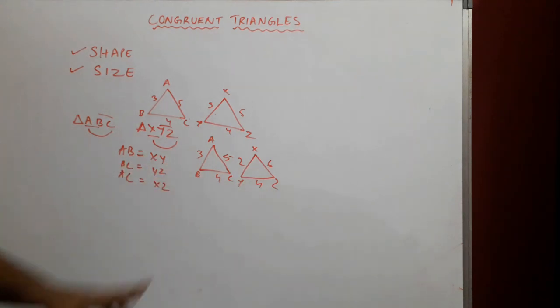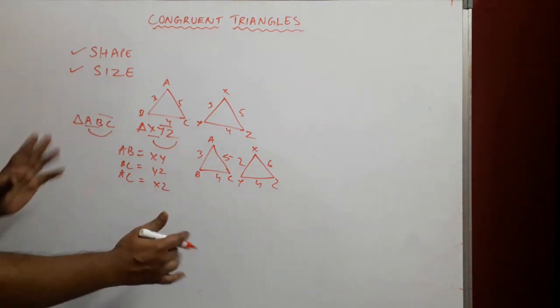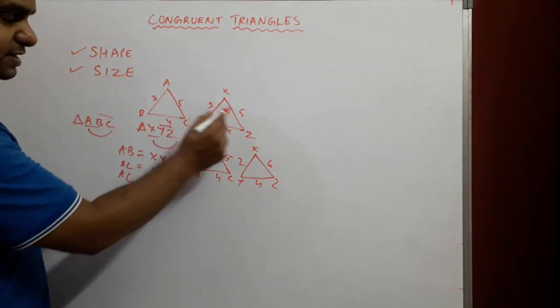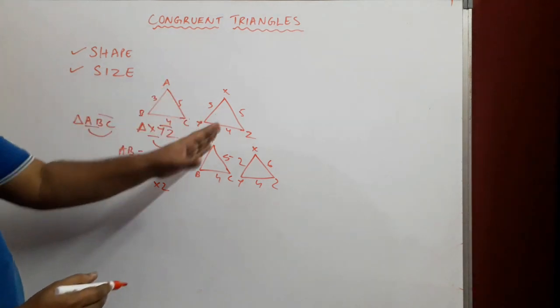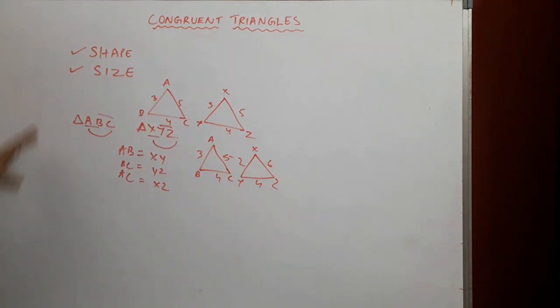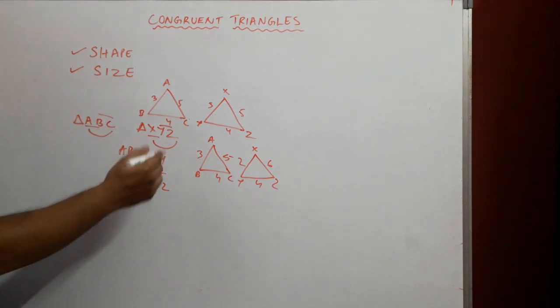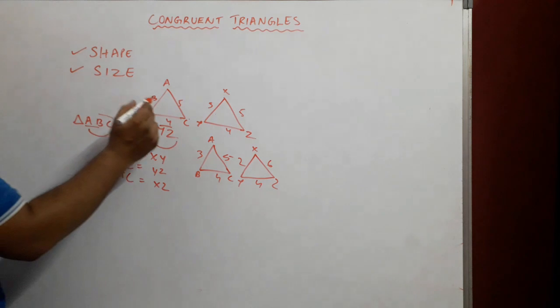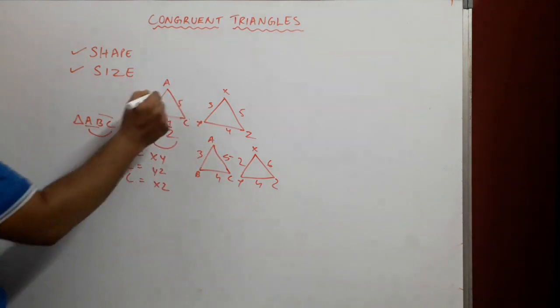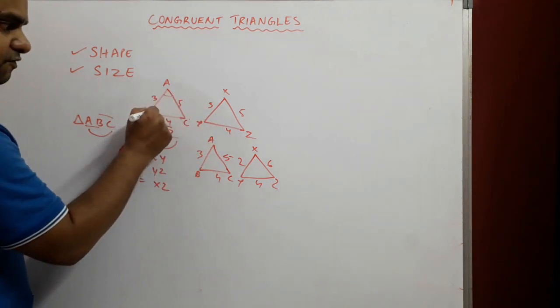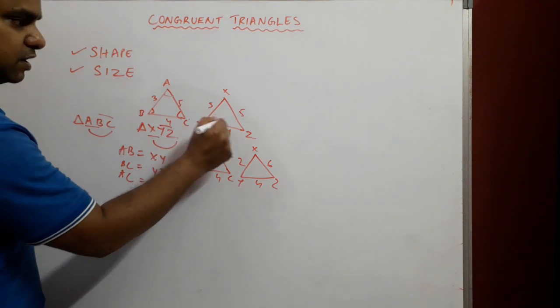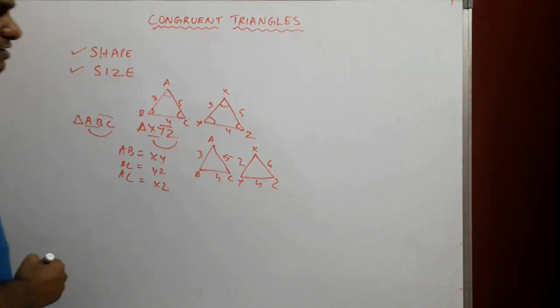congruent triangles. But having said that, is it really necessary that all three corresponding sides of these two triangles have to be equal for the two triangles to be congruent? No, not necessary. Also, another point to note is that in congruent triangles, the angles will be equal, that means the corresponding angles will be equal.